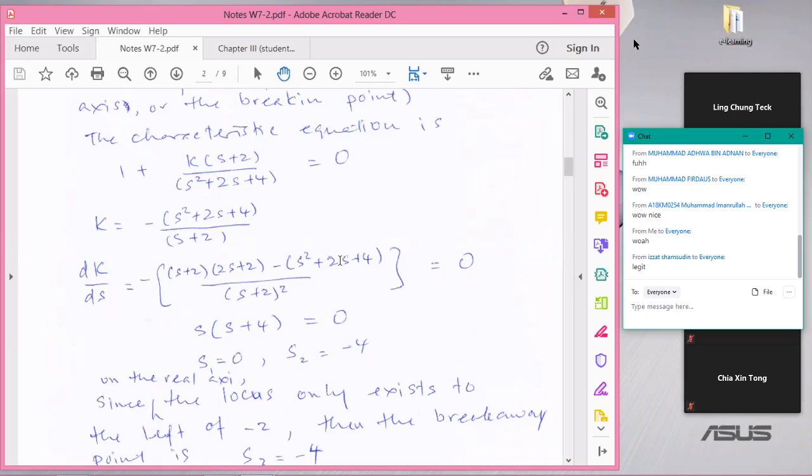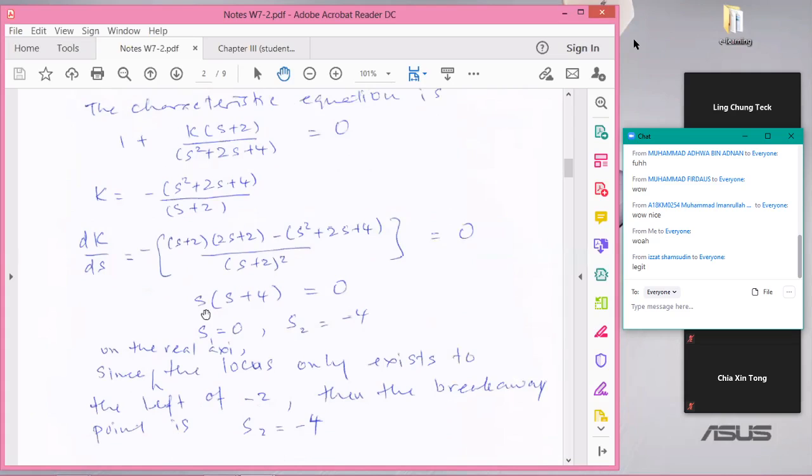It is called the quotient rule. Just take the derivative of this quotient. Please refer to your engineering mathematics notes, and then you can now solve for s.